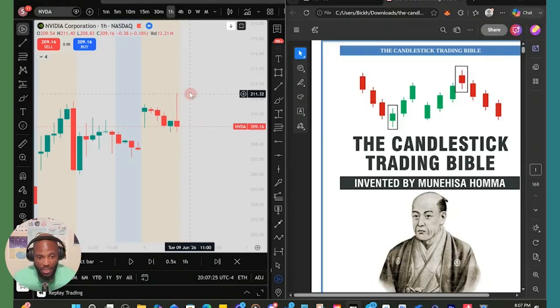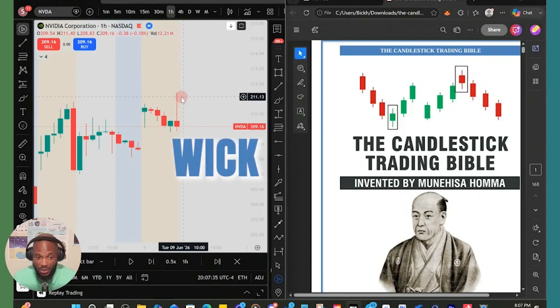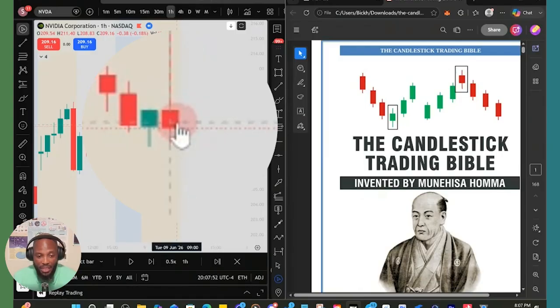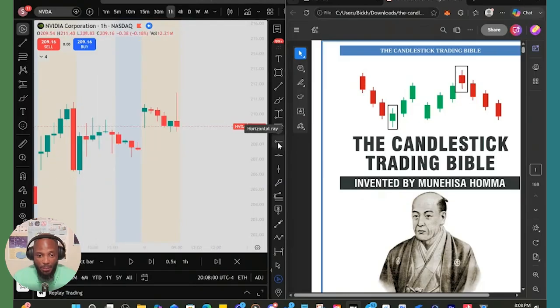And when you see a stick, also known as a wick, like a little stem without a body, that represents price. A body was there, but price reversed. Every red candle opens at the top of the body and closes at the bottom of the body. Very, very important.